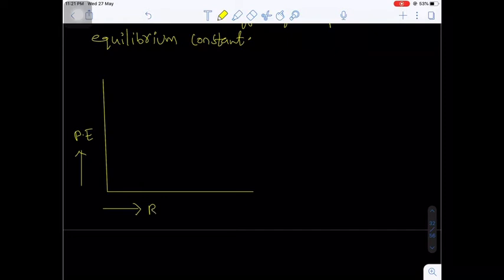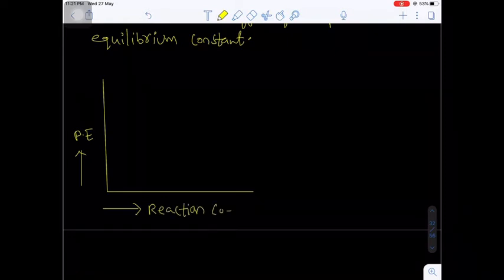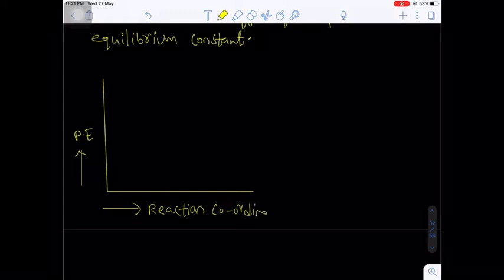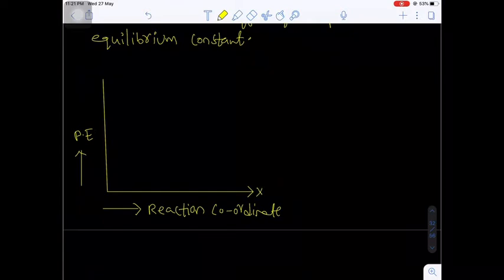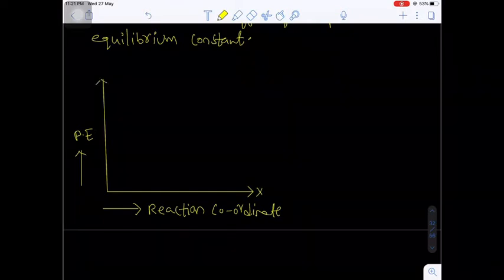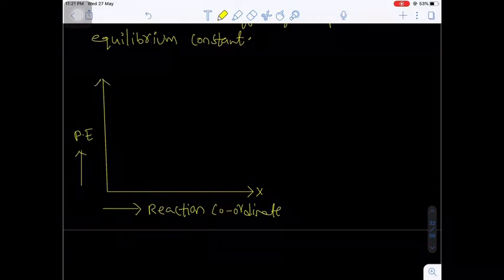On the x-axis, reaction coordinate, that is the progress of the reaction. This is the x-axis. This is the y-axis.